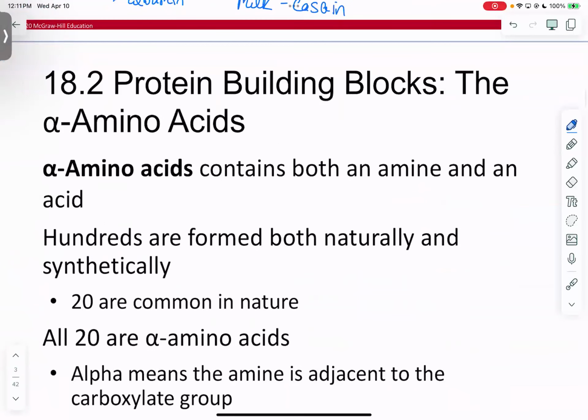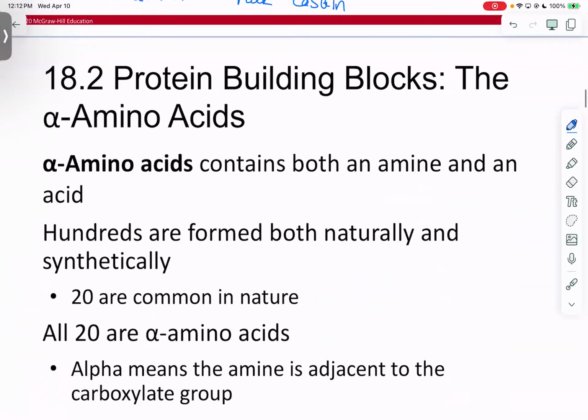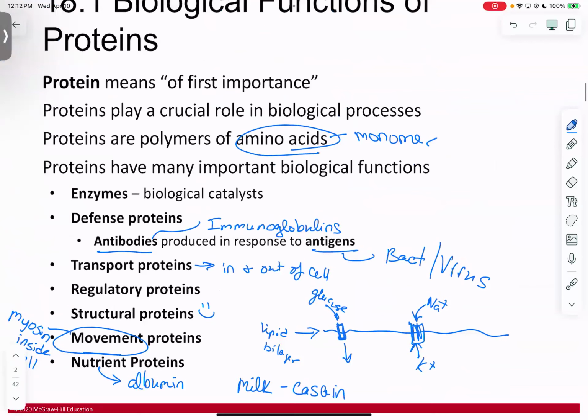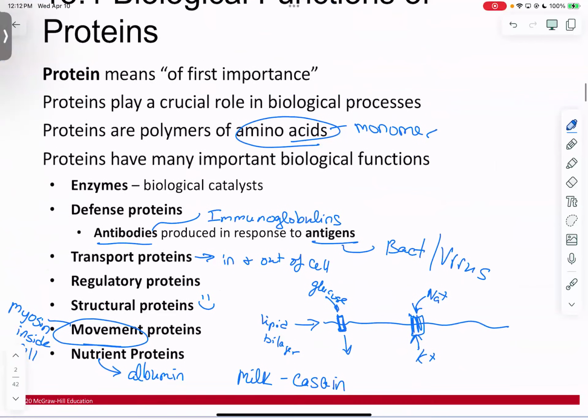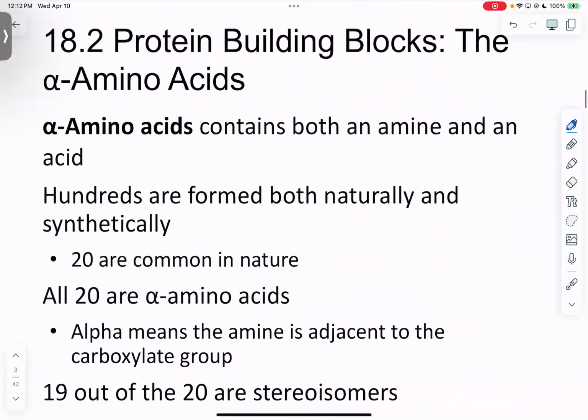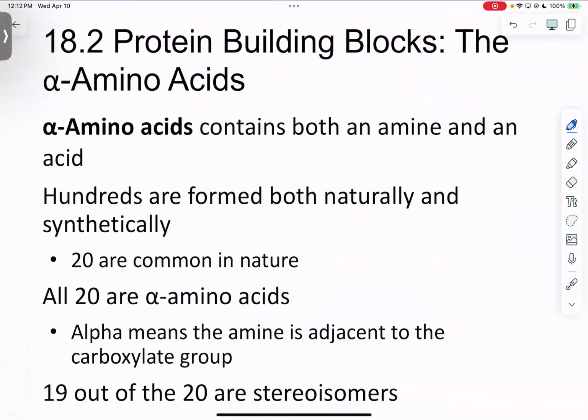All right, so amino acids. When we say the name amino acid, the amino refers to an amine group. So what's an amine? A nitrogen with some number of either hydrogens or R groups.